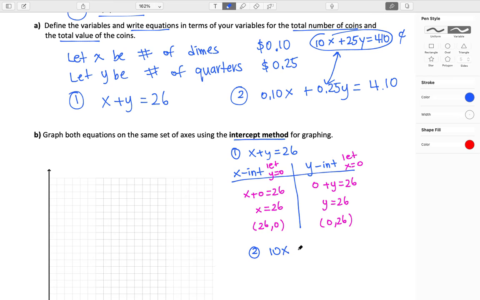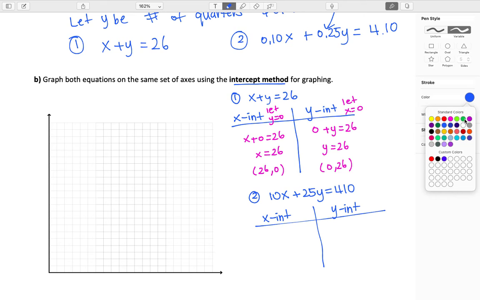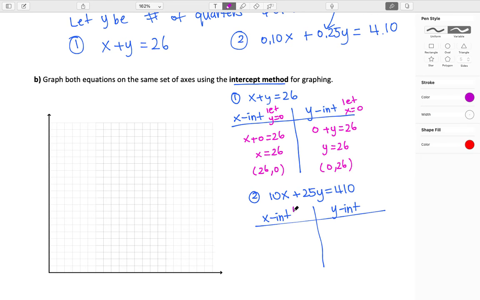Just remember your units are going to be in cents. If I do it this way, so x-intercept, y-intercept, always make a table and write a reminder that for x-intercept, we have to let y equal 0, and for y-intercept, x equals 0.